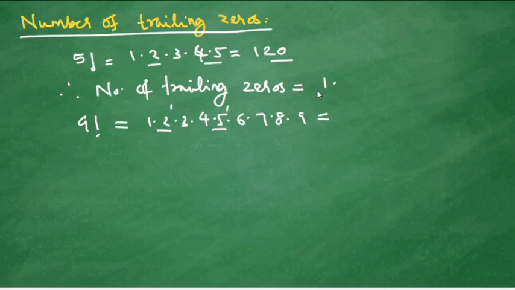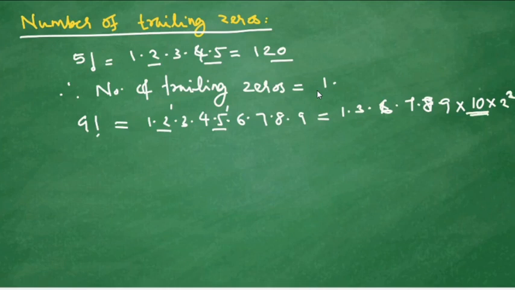So we can rewrite this as 1 into 3 into 4 into 6 into 7 into 8 into 9, and let it be 2 into 5, that is 10. From that 4 we can write 2 squared, but there is no 5 coming again, so there is only one factor of 10, isn't it?